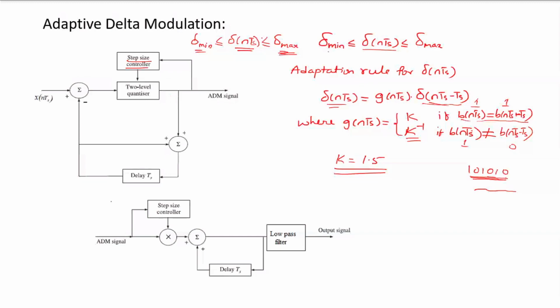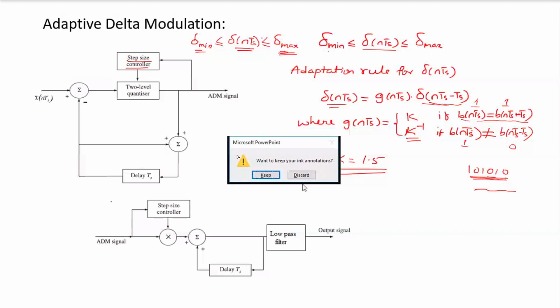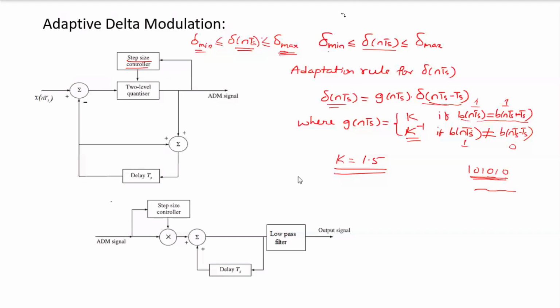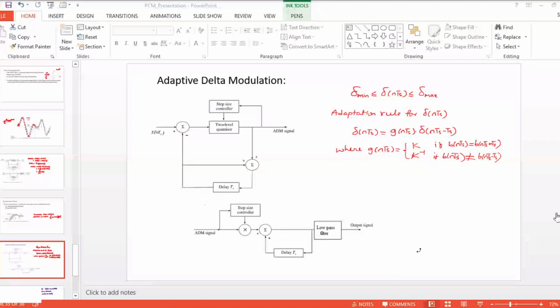Any doubts? Murali Krishna, Yuvraj, no doubts? No doubt, sir. Please.